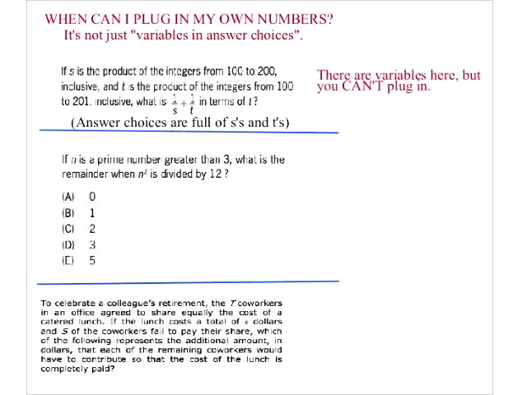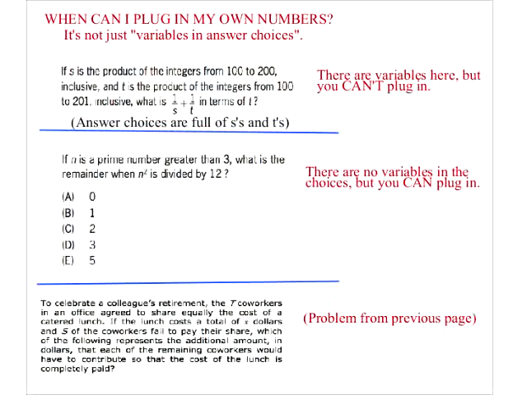Can anybody summarize why not? Yeah, it's because they have a fixed value, right? So that's the real issue.